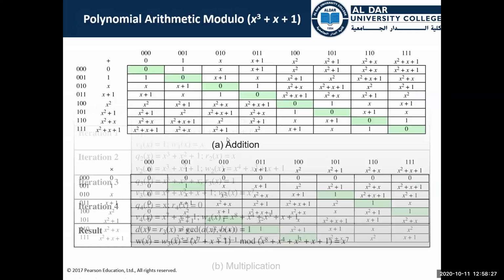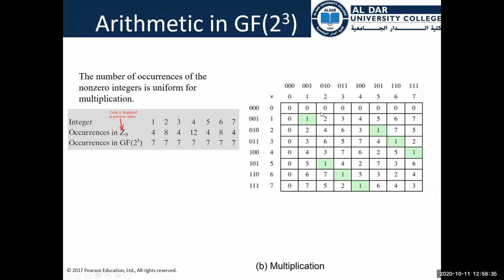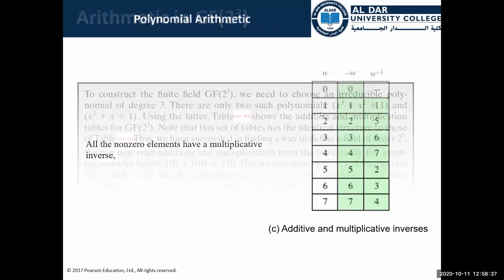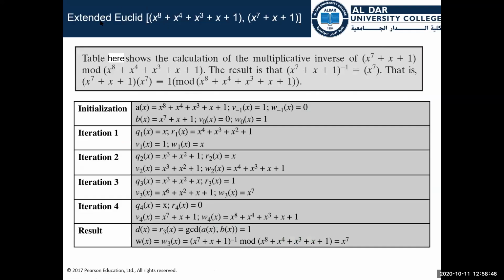This is exactly the same as this table, but written in polynomials. So that one here is the same, no change. And this is the extended Euclidean algorithm to find the multiplicative inverse.